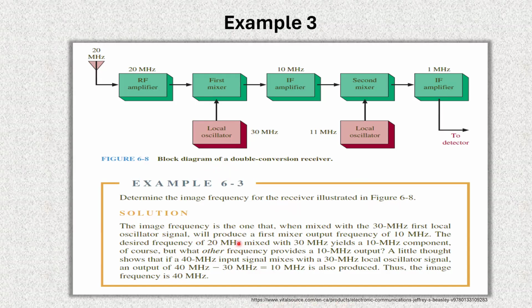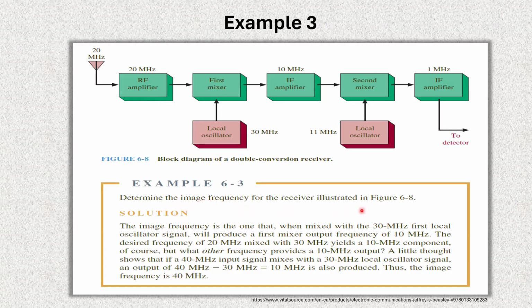The image frequency is one of the frequencies that, when mixed with 30 megahertz, so here's the 30 megahertz local oscillator, minus that is going to give us 10 megahertz. This minus that gives us 10 megahertz.